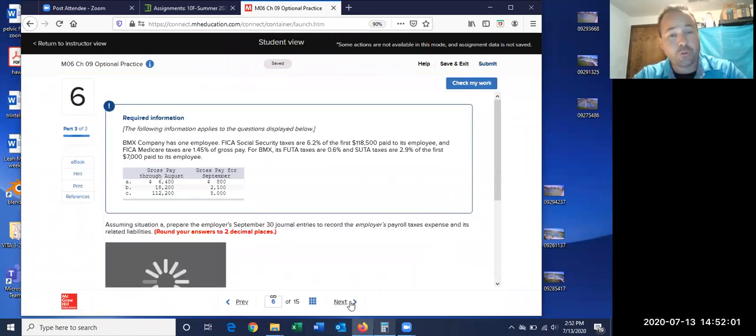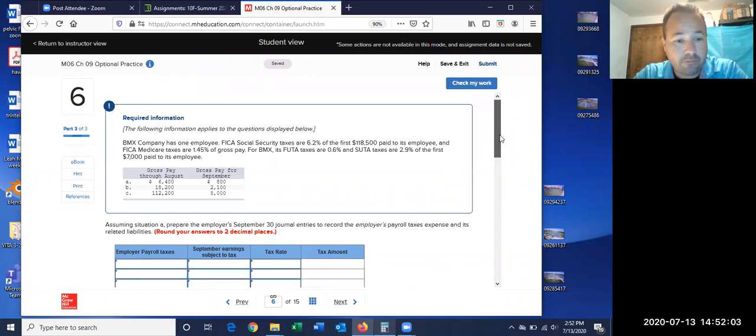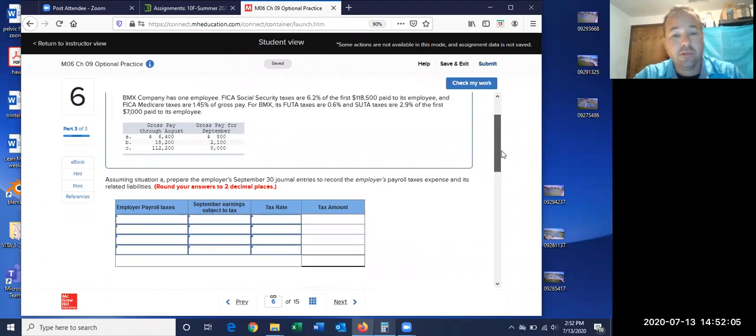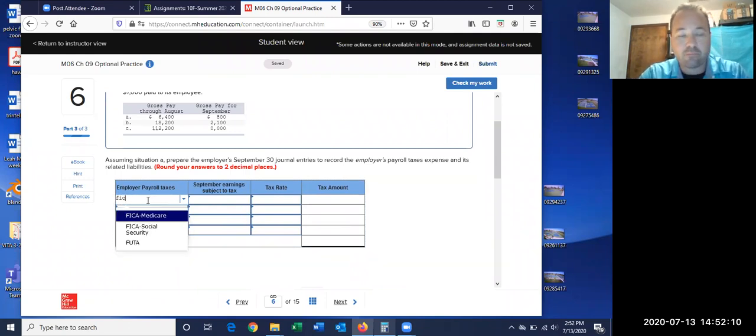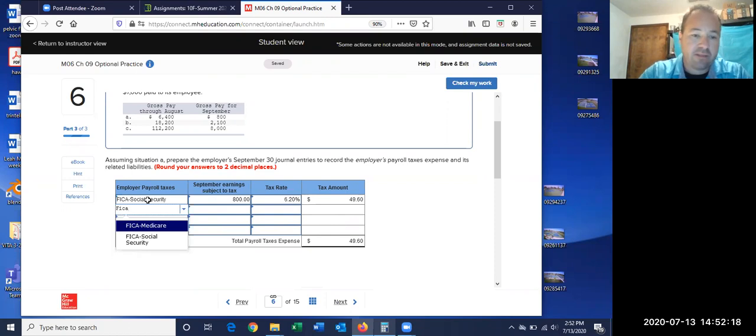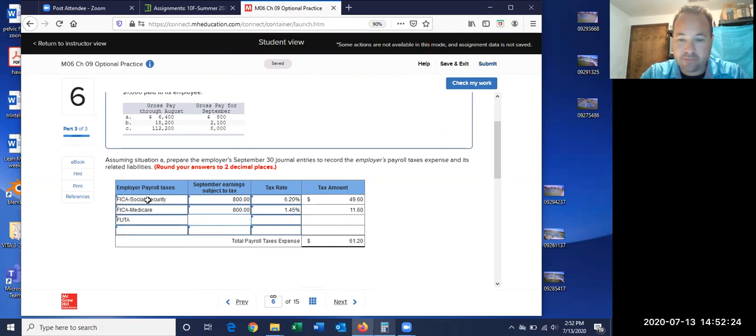Now we're ready for part 2 of the journal entry, the employer's part. So they're having us calculate the 4 things that the employer has to pay. They still pay Social Security, same as the employee. They pay the Medicare, same as the employee. Now, they also pay FUTA.